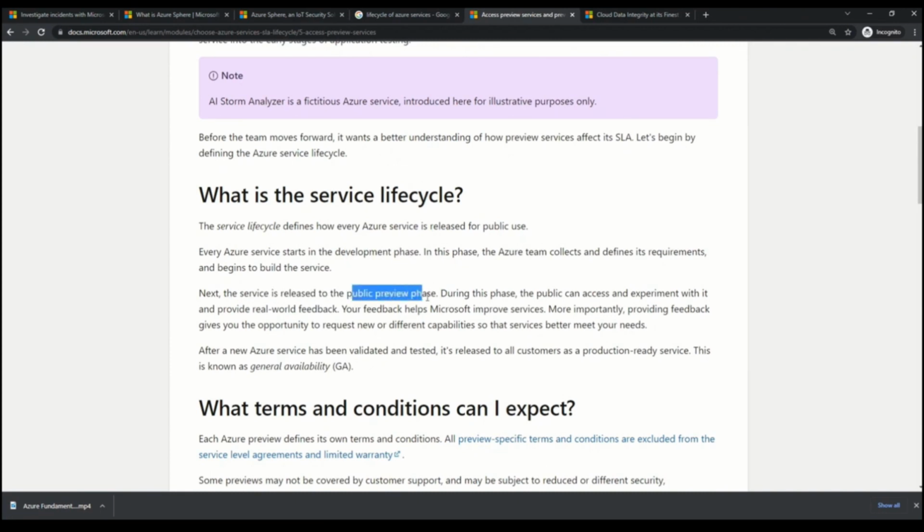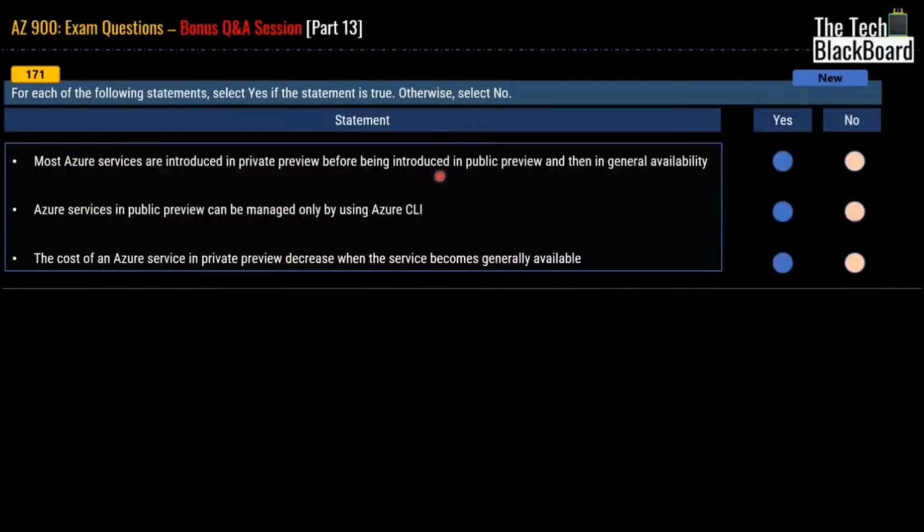And post this public preview phase, you can read here that after an Azure service has been validated and tested, it is released to all customers as a production-ready service. This is known as general availability. And that documentation from Microsoft clearly matches this statement. So the correct answer for this statement is yes.